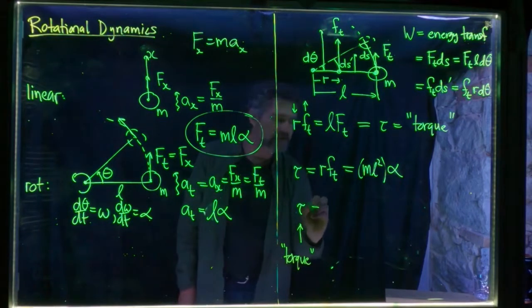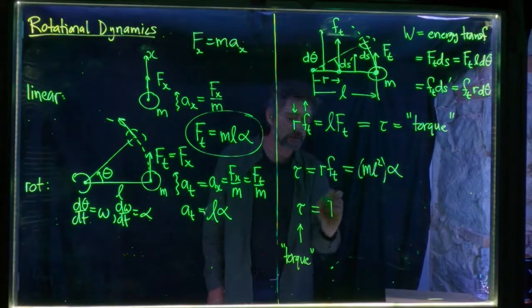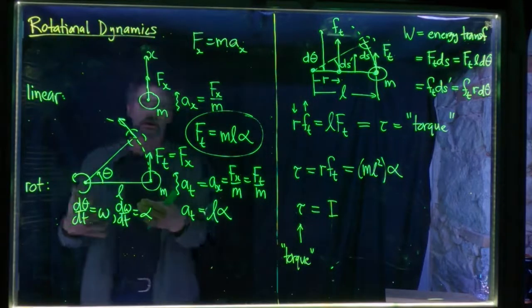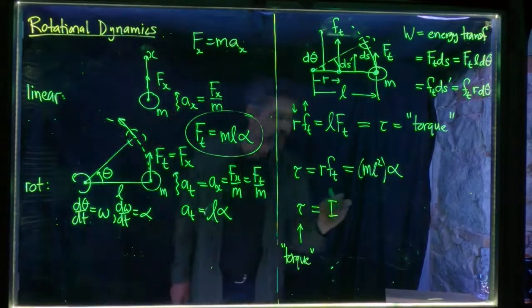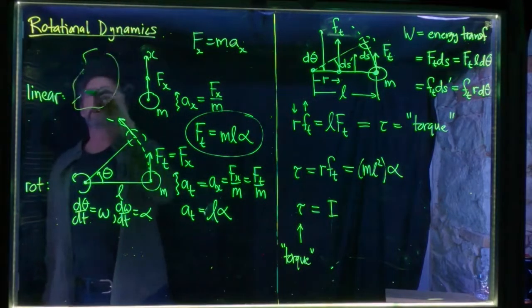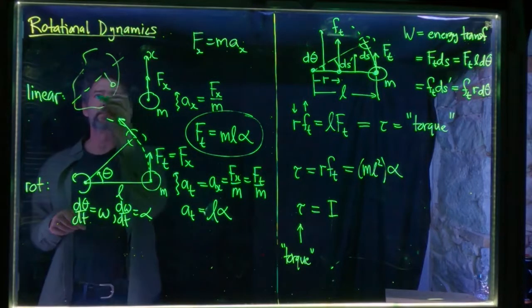And that's equal to ml squared, which in this case is something called I, the moment of inertia. And this is the moment of inertia of the simplest possible elemental rigid body. In general, a general rigid body is composed of a whole bunch of little masses at perpendicular distances away from the axis of rotation.